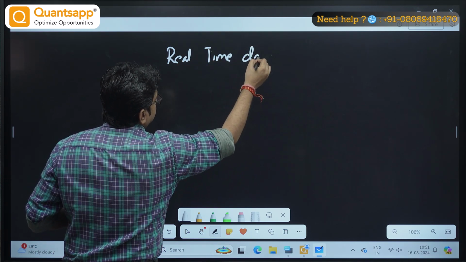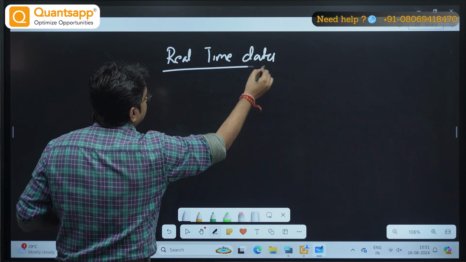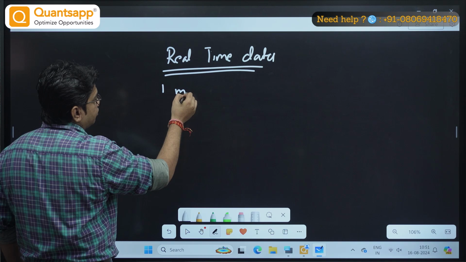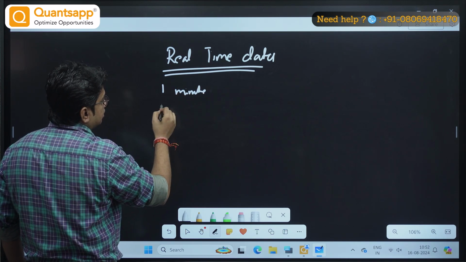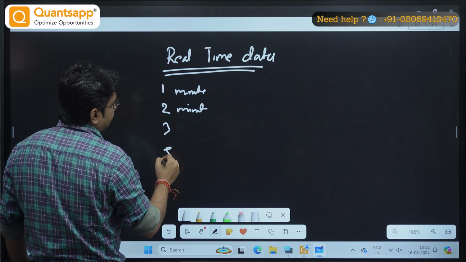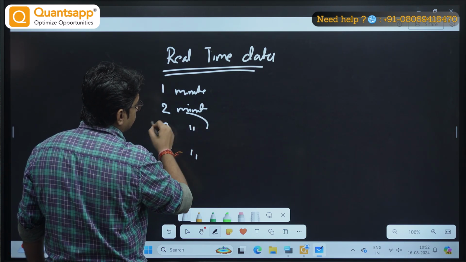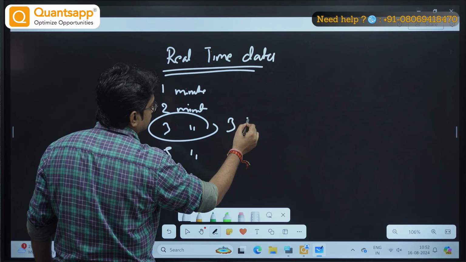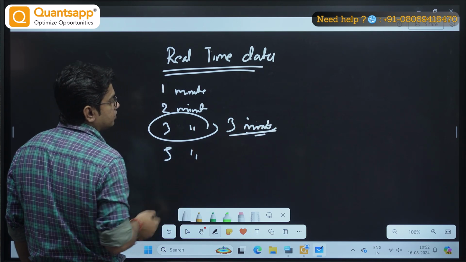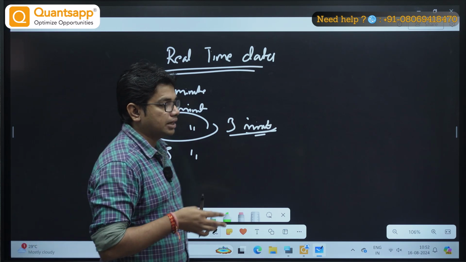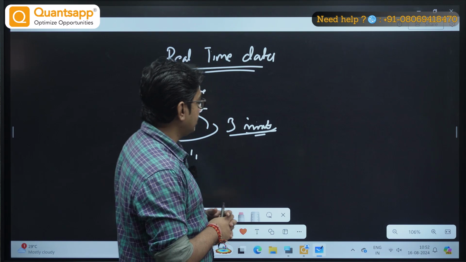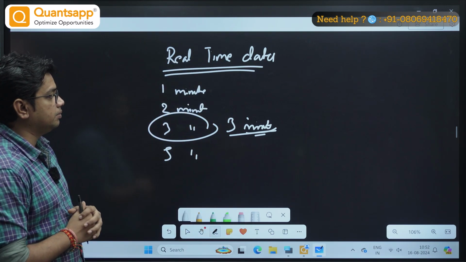I can go for 1 minute, 2 minute, 3 and 5. Most of the time I choose 3 minutes, because it gives me ample time to place the order and the stop loss. So I am going to choose a 3-minute time frame.